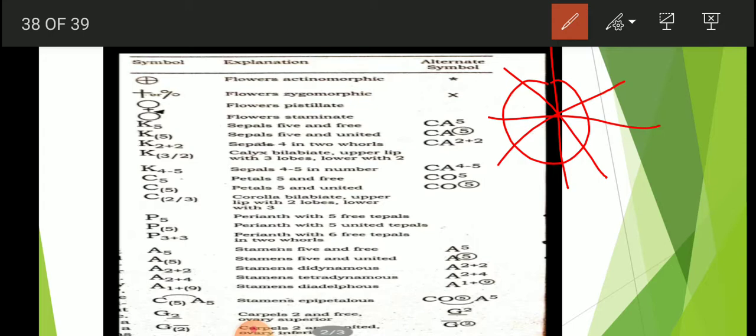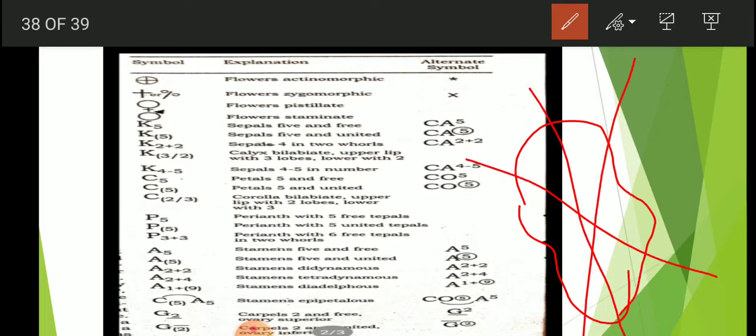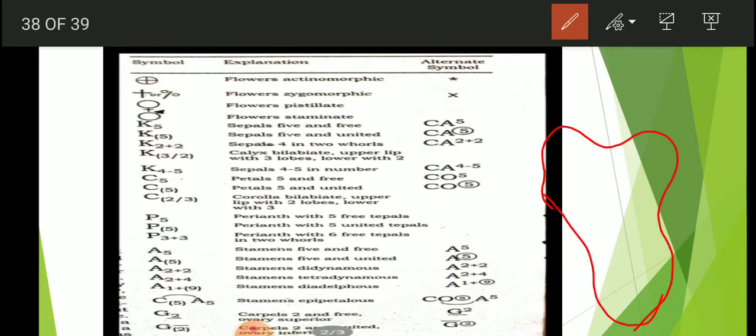Then there is a plus sign with a percentage sign that indicates zygomorphic. Zygomorphic, in the animal kingdom we call bilateral symmetry. Suppose this is a flower. If you cut it radially, it is not divided into equal parts.